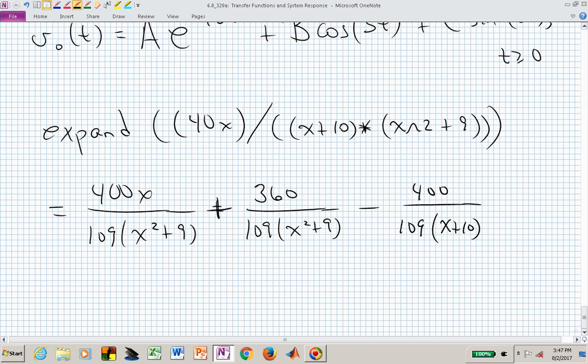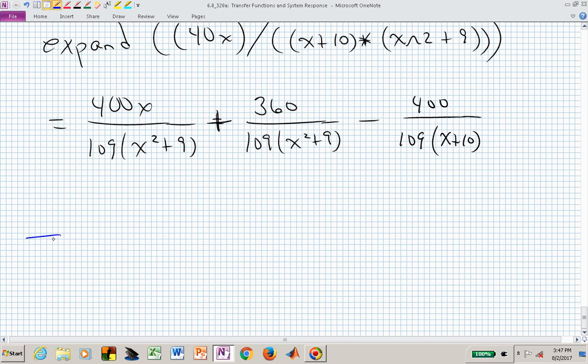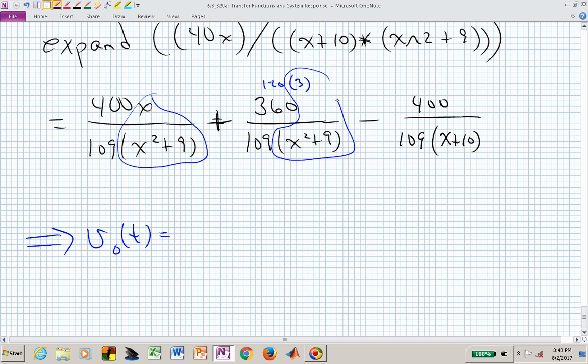And if you wanted to, now you could very easily take this into the time domain. V sub 0 of t, now this is our pure cosine. This is not quite our pure sine. We would need to rewrite 360 as 120 times 3. That's now our pure sine. And this is our exponential with a weighting of e to the minus 10t.